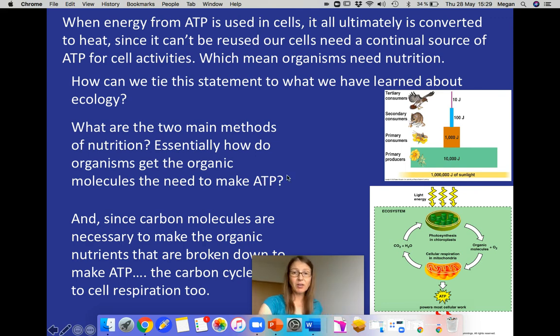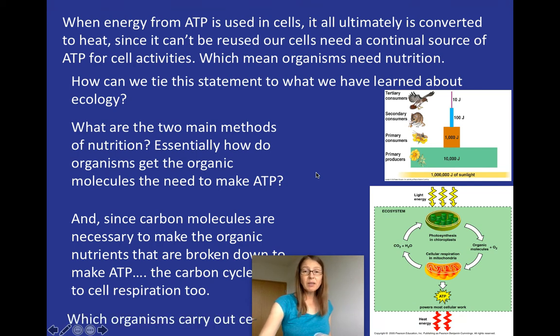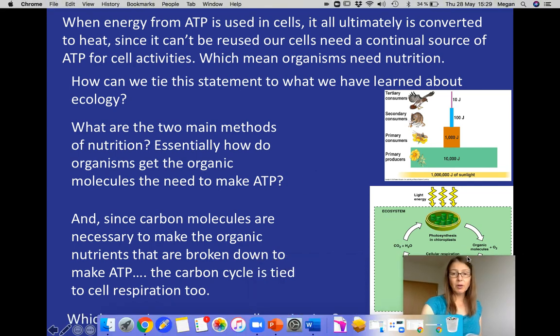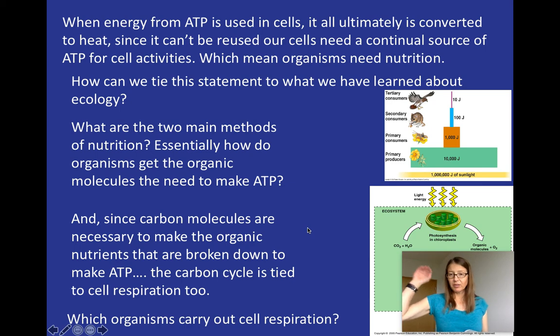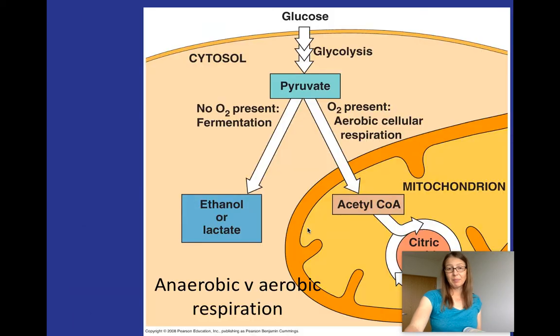Now, last thing I'm going to talk about on this little video is I'm just going to show you, this says which organisms carry out cell respiration. All living organisms do. Plants do too. They have mitochondria, bacteria, everything carries out cell respiration. But whether you are a eukaryote or prokaryote will depend on if you can do the aerobic cell respiration with mitochondria.